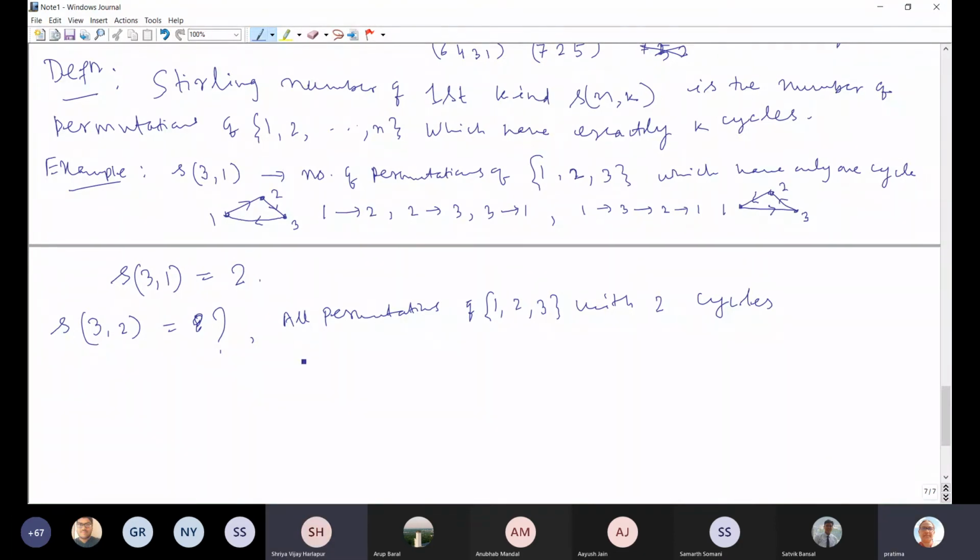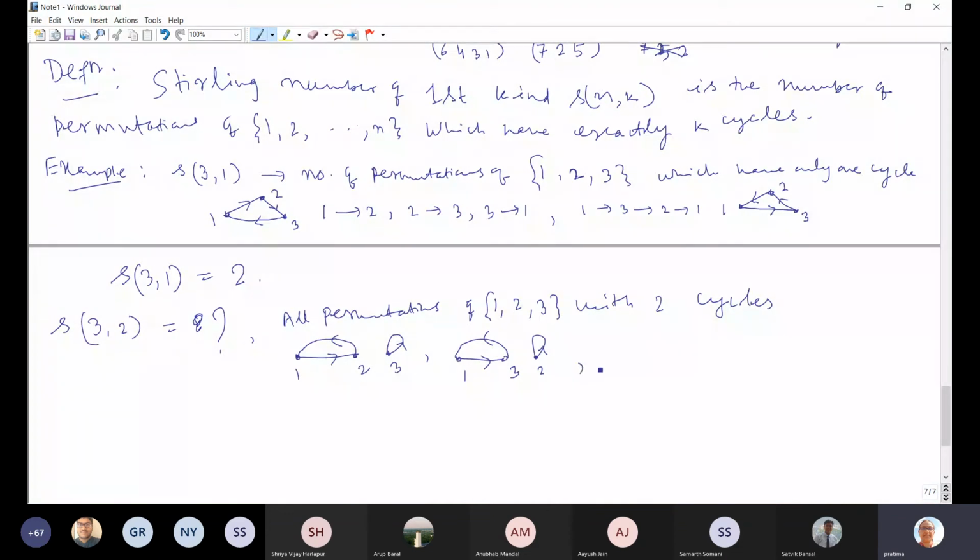Definitely you will have one singleton. Say 1 will map to 2, 2 will map to 1. This is a 2-cycle and another single cycle, that is 3. The other one you can take 1, 3 and here you will take 2 a singleton.